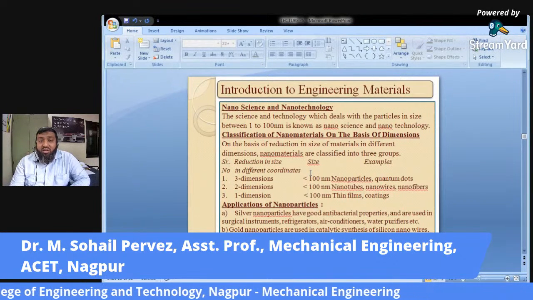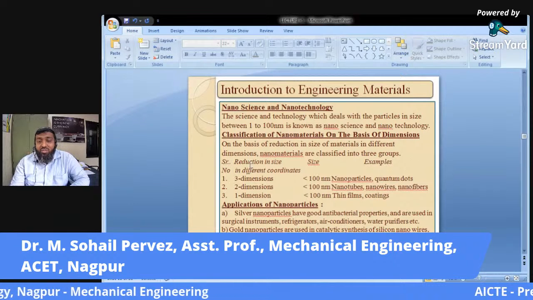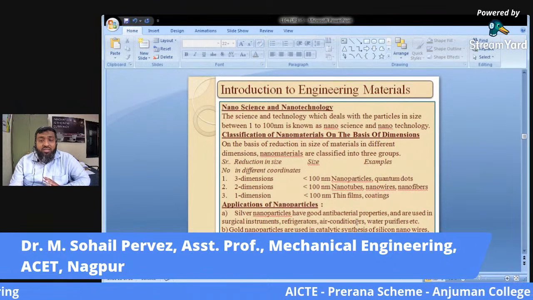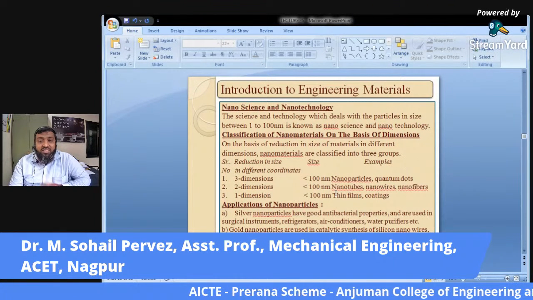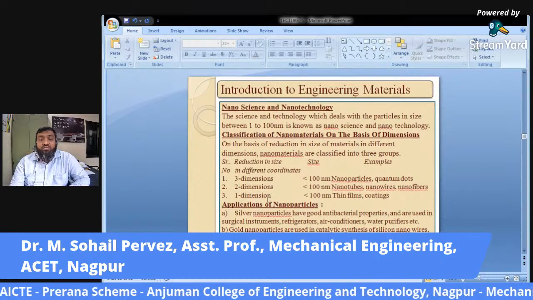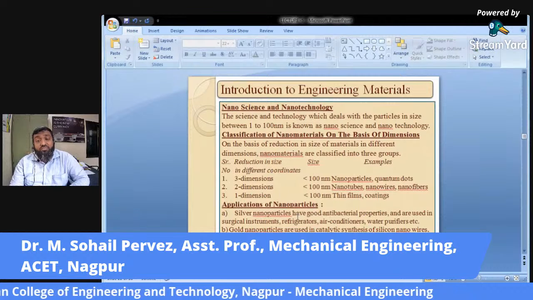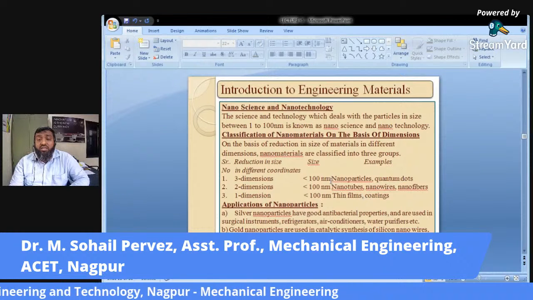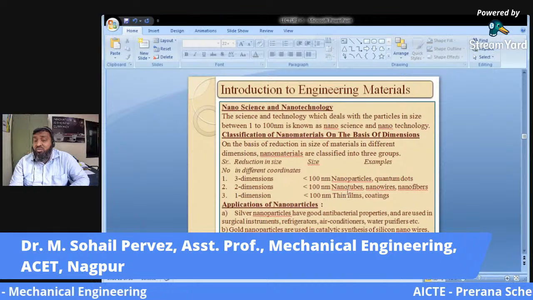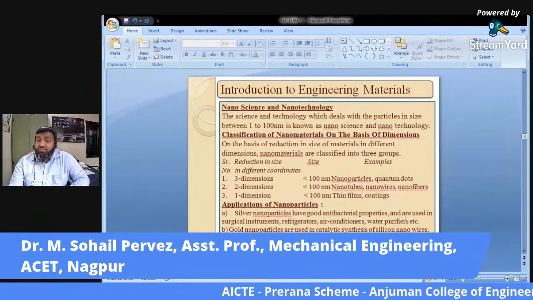Please concentrate on this classification, how the nanomaterials are being classified, and the basic element is particle size. Yes, 3-dimension, 2-dimension, 1-dimension, reduction in size in different coordinates. And now see the examples: quantum dots, nanoparticles, nanotubes, nanowires, nanofibers, thin films and coatings.